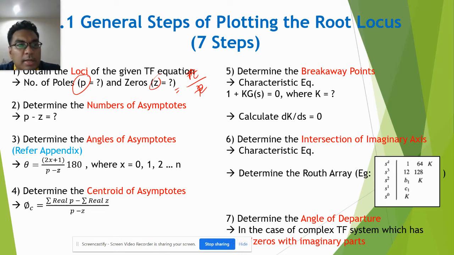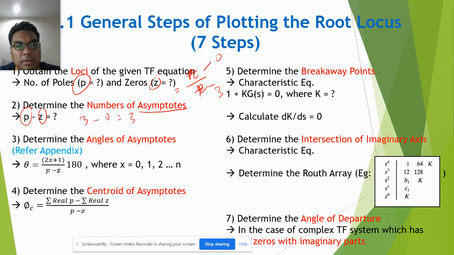Then you determine the number of asymptotes. The number of asymptotes is the number of poles minus the number of zeros. For example, if you have 3 poles and no zeros, that is 3 minus 0, equal to 3.